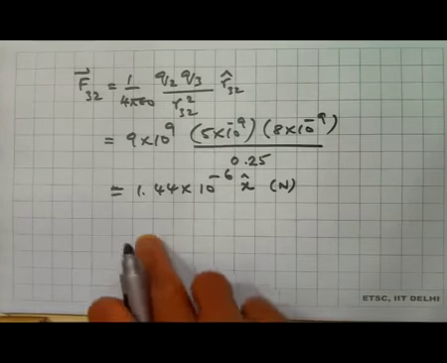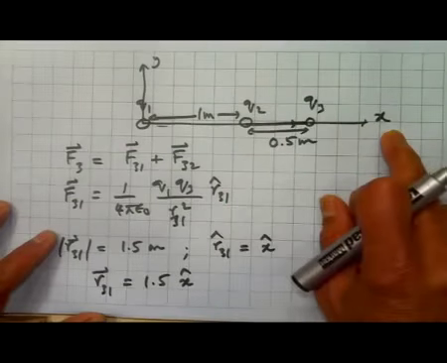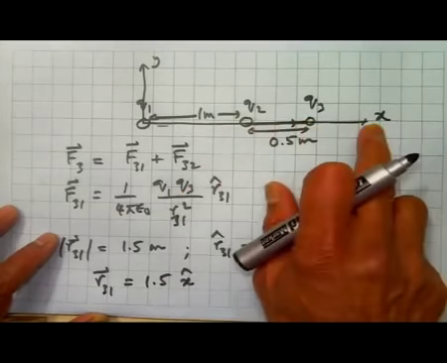This is a positive force. This force is along x cap direction, which means that the charge q2 is actually repelling q3, because the force on q3 because of q2 is along the plus x cap direction.